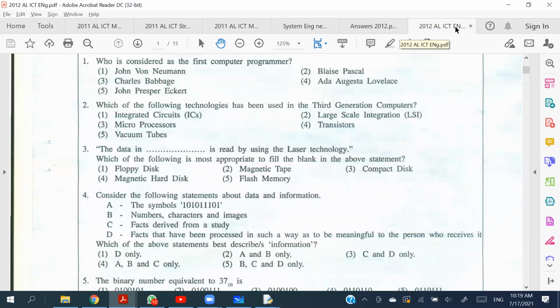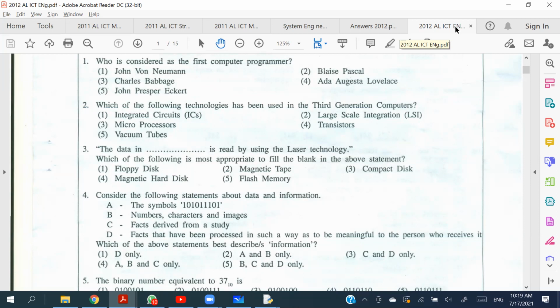The symbols 1010111101. So they have given some of the things. Which of the above statement best describe the information? That is what they are asking, right? So symbols 1010111101, right? So it is symbols, right?